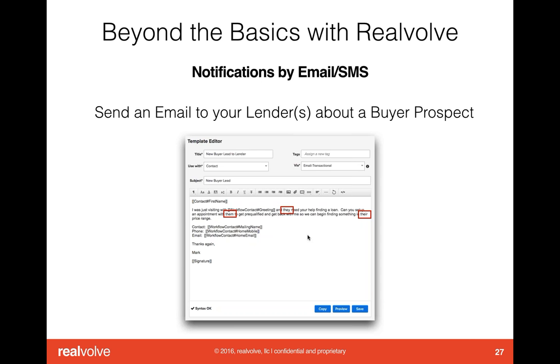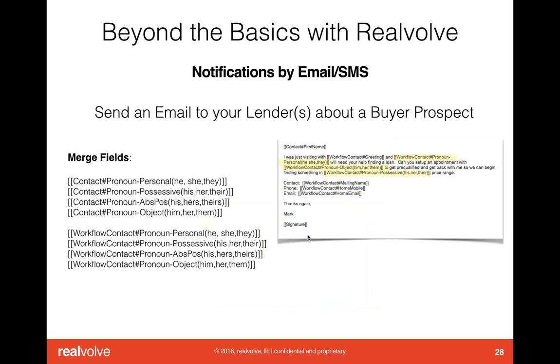Now, how we do that is this. You can use special merge fields called contact, pronoun, personal, and they show you the examples of he, she, they, his, her, their. This sounds complicated, but hang with me, okay? There are two sets of merge fields when you're dealing with contact, and that's the person that's receiving the email, or the workflow contact, which is the person that the workflow was generated for.